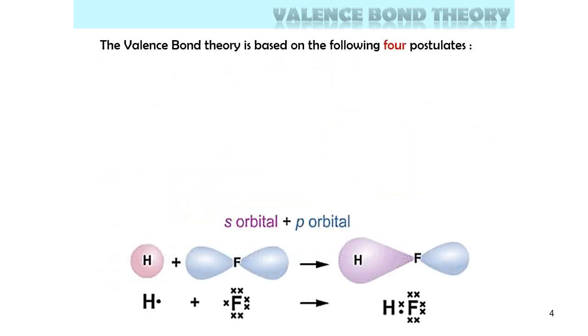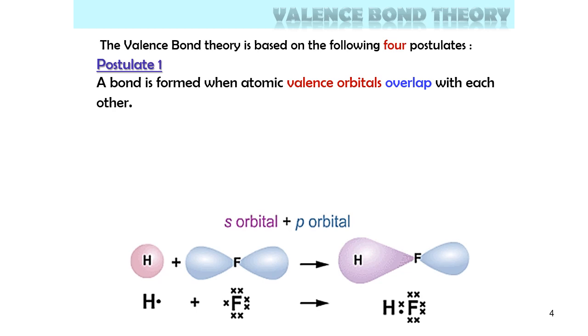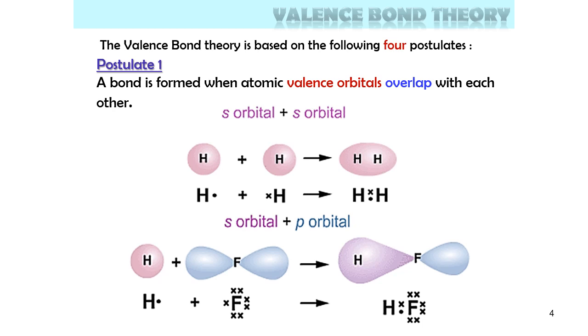The valence bond theory is based on four postulates. The first postulate that you need to know is a bond is formed when atomic valence orbitals overlap with each other. Let's see the example for hydrogen molecule, H2. Do you still remember hydrogen? You have one electron in one s orbital. The shape of s orbital is a sphere.